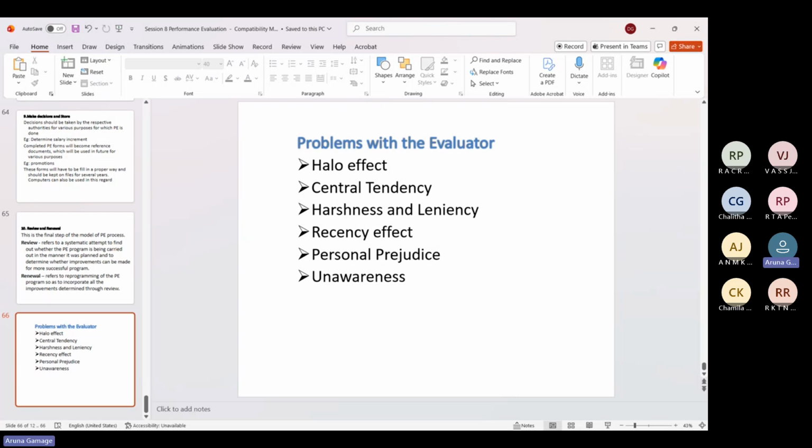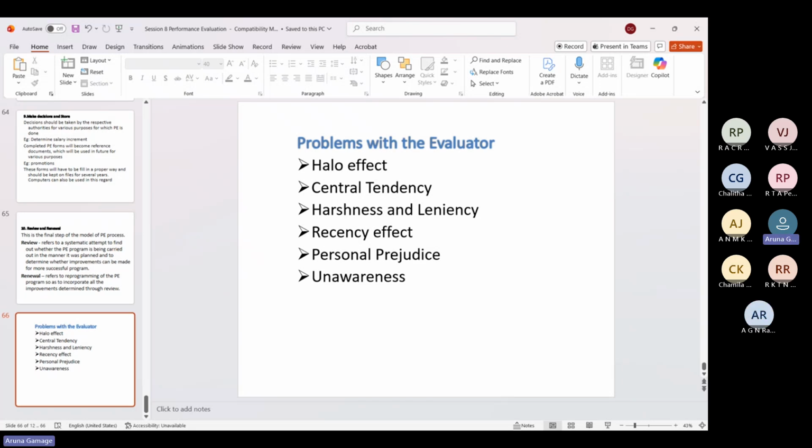Having been impressed with that, the evaluator rates that particular employee very high on all the other criteria too. He is very good at attending, but he is evaluated as excellent on all the other criteria because of his impressive attendance. That is wrong.